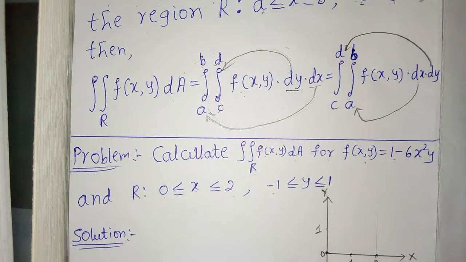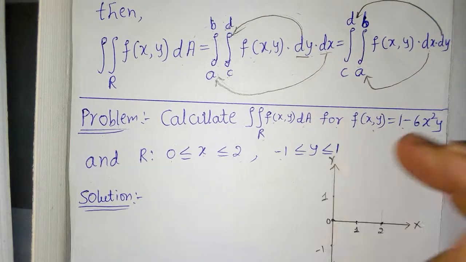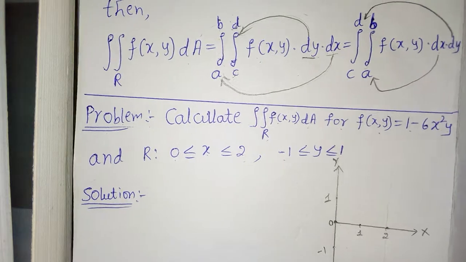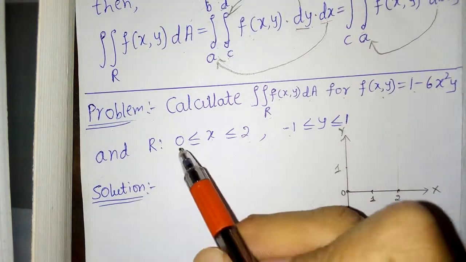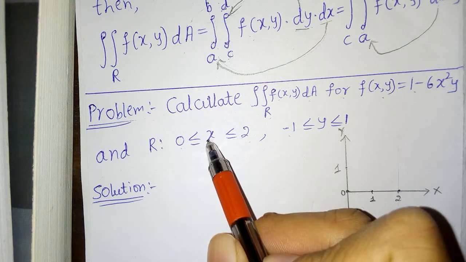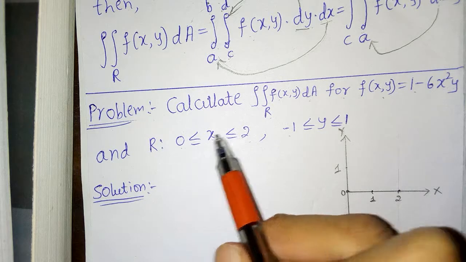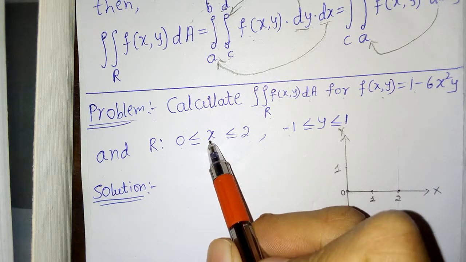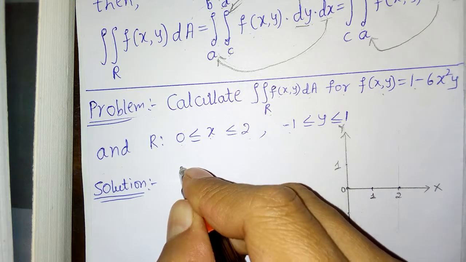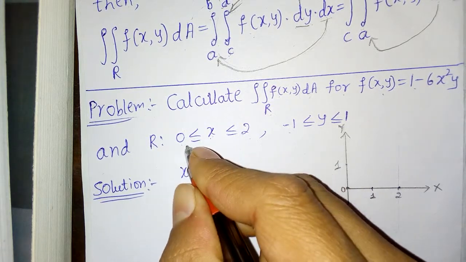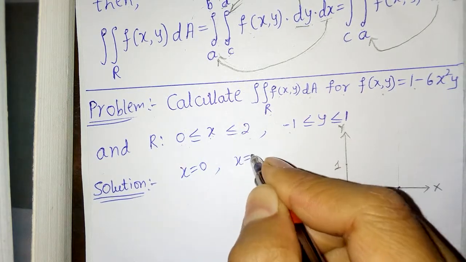In the first step, we have to sketch the figure for this given region. They gave the limits of x between 0 to 2, so we can take the equations x is equal to 0 and x is equal to 2.